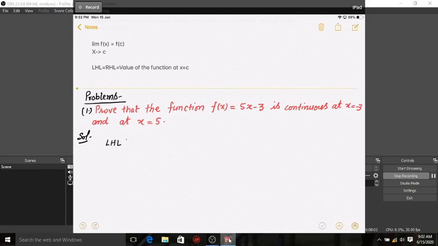For the left hand limit, h tends to 0, f(c minus h). We are checking the continuity at x equals to minus 3, so the value of c is minus 3, so we can write here limit h tends to 0 f(minus 3 minus h).